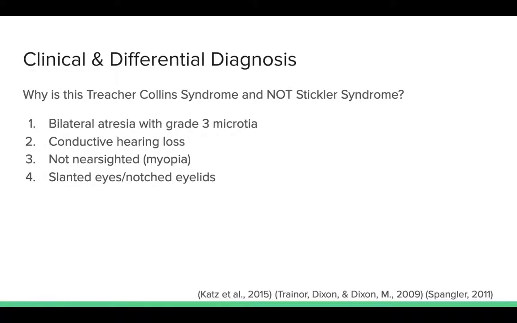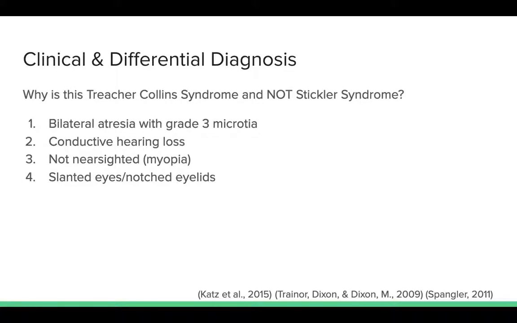Her vision is okay, and with Stickler syndrome, myopia is extremely common, and a lot of patients with Stickler syndrome have to wear glasses. Also, she had slanted eyes and notched eyelids, which is pretty common in Treacher-Collins syndrome and not in Stickler syndrome.